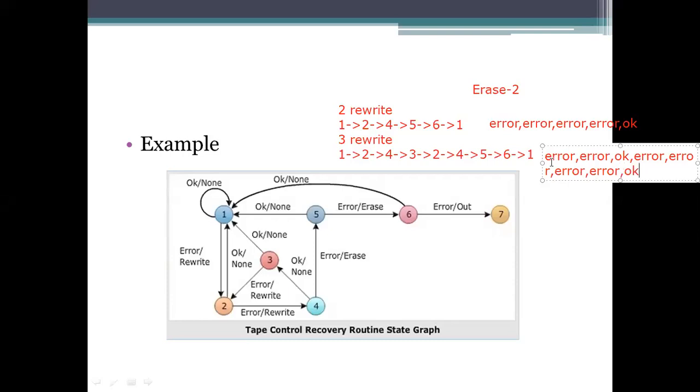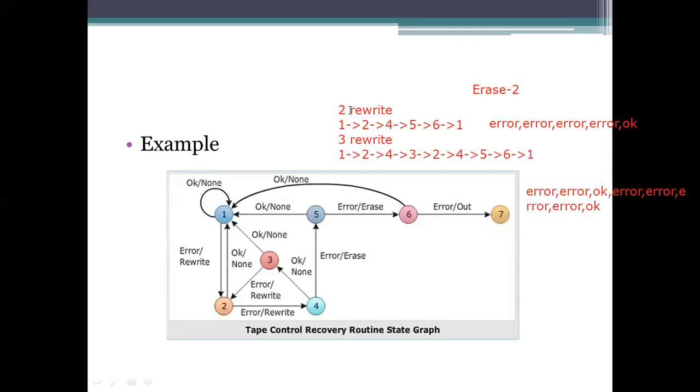This is the sequence of input for the second one. And for this representation, I need to process the output here. So what are the output values we are getting?